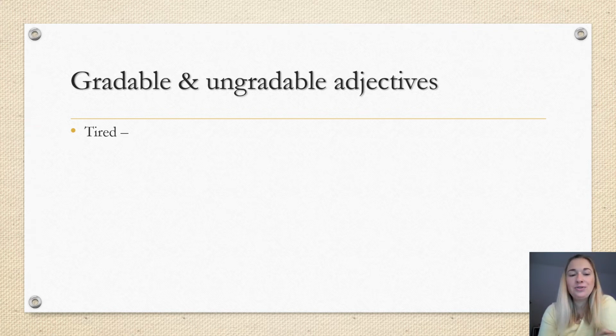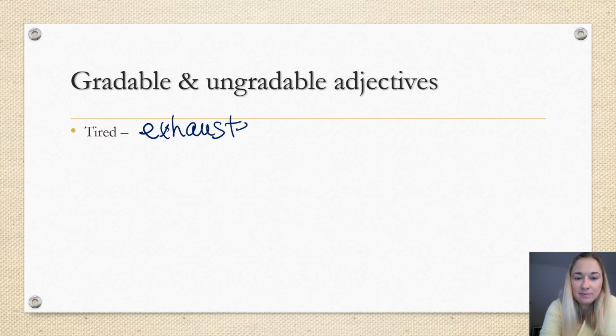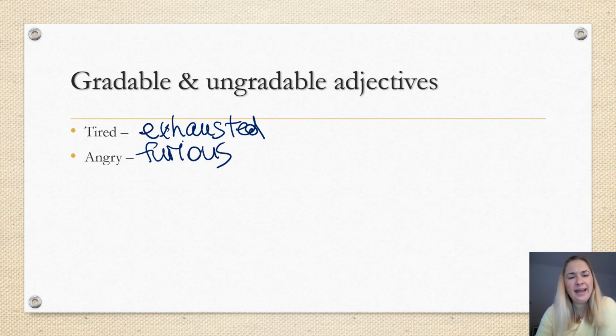But if you want to sound more native-like, you would say, I am exhausted. Angry, furious. If you say, well, I'm very angry with you, okay, you're angry. But if you say I'm furious, it's even stronger.